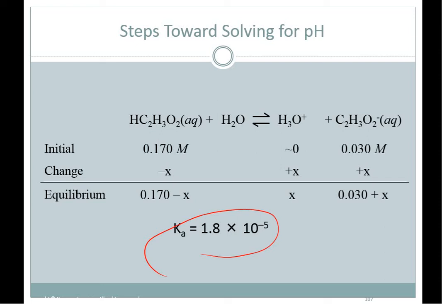And then we can go one step further to finding the pH here. You should get a pH of 3.99. If you don't, it's because you did not count this 0.03 molar conjugate base.